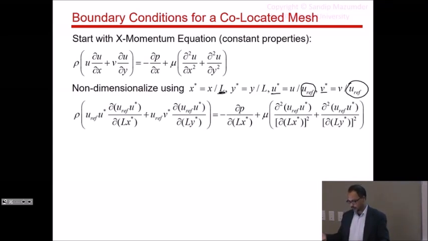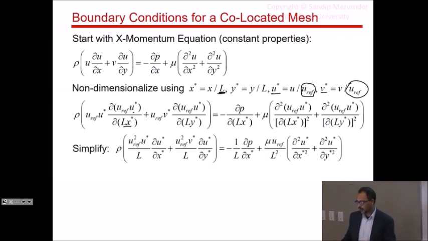You see here, all I've done is replace x by x star times L, and replace u by u ref times u star. Then I've done that everywhere. Now I'm going to factor out all the constant quantities. L, for example, is a constant, so I can take it outside the derivative. U ref is a constant, I can take it outside the derivative, and so on.